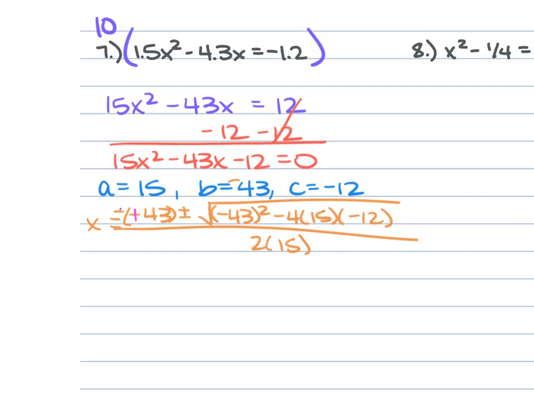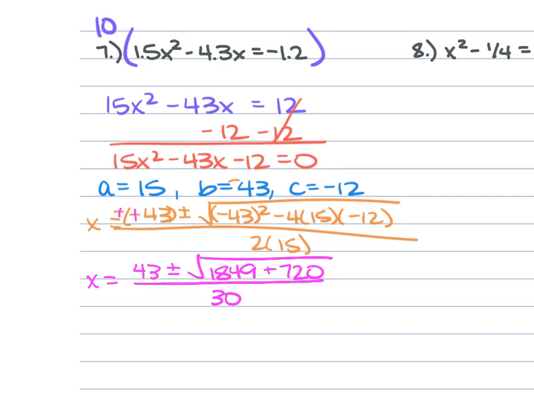So this is going to be a positive 43 plus or minus the square root of 43 squared is 1849 minus, this is going to be a plus because negative 4 times negative 12 is a positive 48 times 15 gives us 720 all over 30.